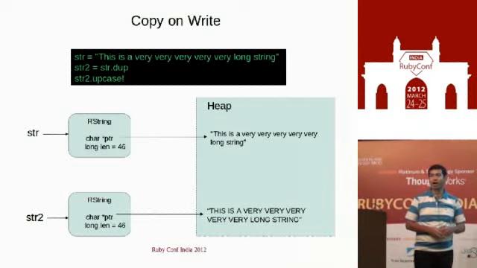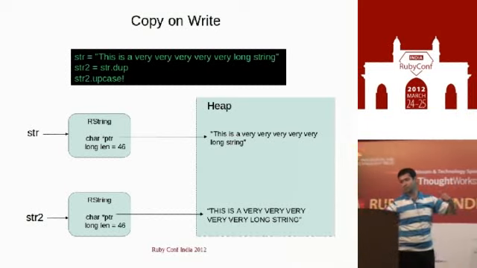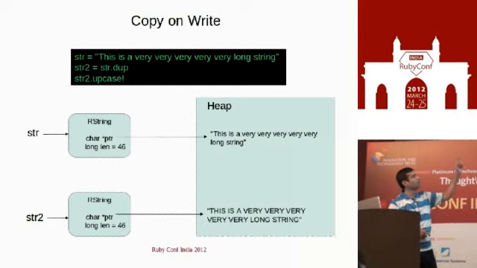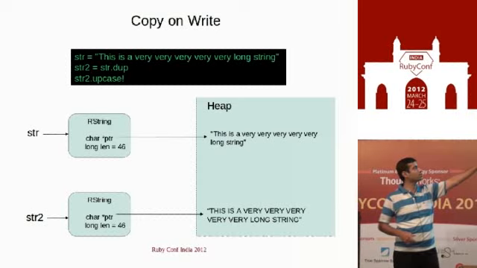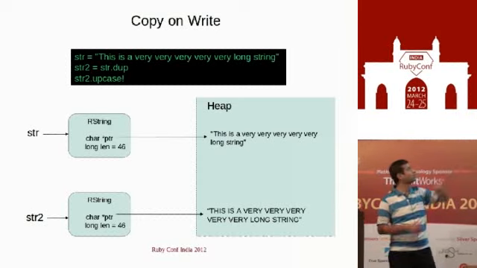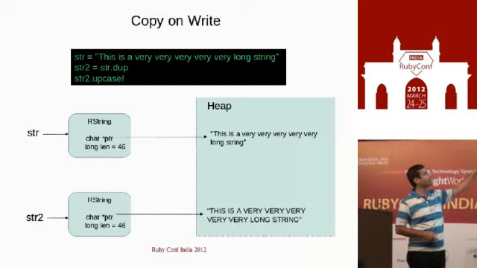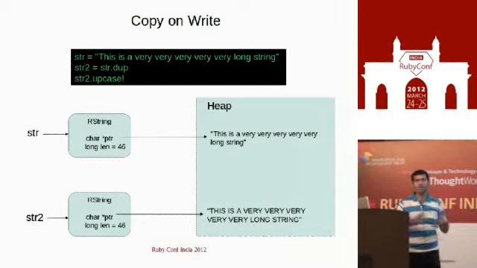In that case, I cannot use the same string data. So what happens is, it actually copies the data to another location, and it performs the upcase operation on the next one. And then the character pointer actually points to the individual data in the heap memory. Okay, so this is how the CopyOnWrite technique works.